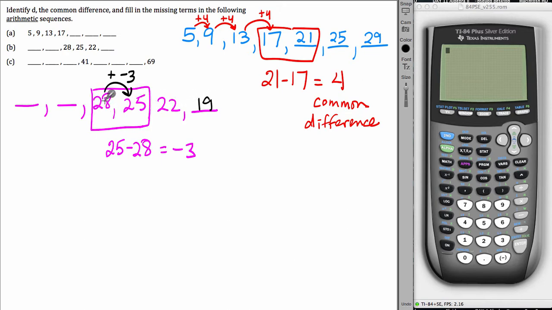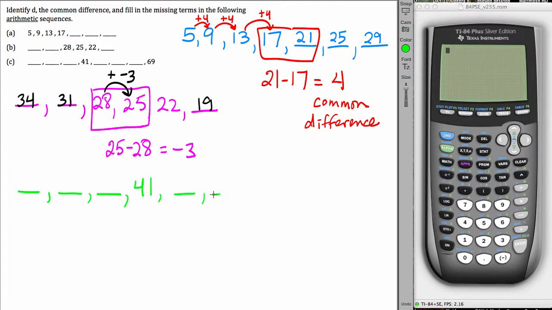If you move to the left, you would add 3. So 31 and 34.